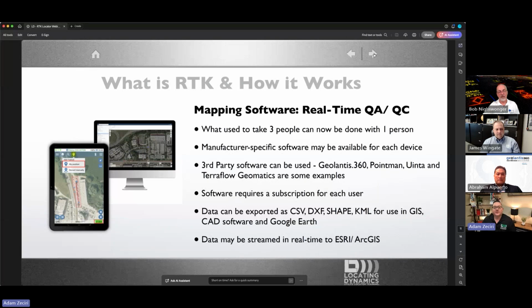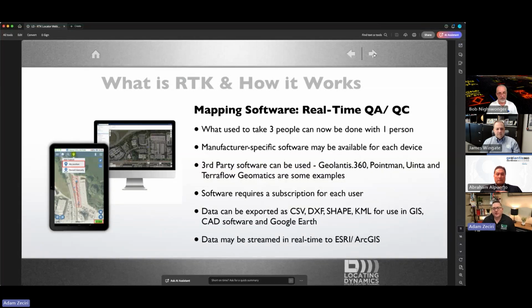So you can now gather high quality information from the field directly. That field personnel becomes the QA/QC person, ensuring that the high quality data is actually collected on the fly in a single pass. So there's manufacturer specific software that could be available for each device, or like I said before, third-party software. Just some of the examples out there: GeoLantis 360, PointMan, Uinta, TerraFlow Geomatics are some examples.